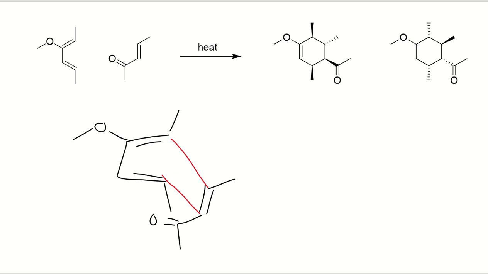And if our dienophile slides under our diene, when that bond forms, let me put in my hydrogens over here. When that bond forms, these hydrogens cannot swing through the bonds that are forming. So they are going to move up away from the bond that is forming, and these pieces on the outside are going to move down. So my hydrogen would move up in a wedge, the methyl group would move down in a dash.